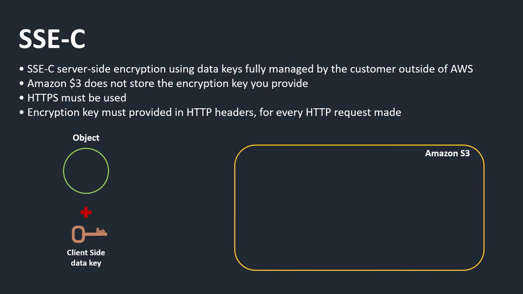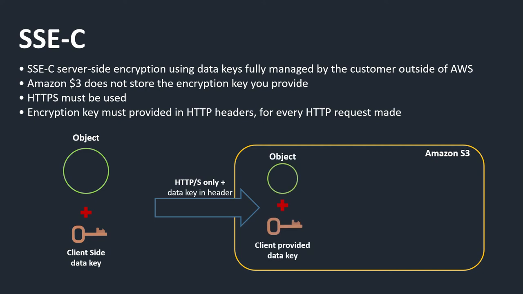So we have the object and we want to have it encrypted in Amazon S3, but we want to provide ourselves the client-side data key to perform the encryption. We send both of these things over HTTPS, so it's an encrypted connection between you, the client, and Amazon S3, and the data key is in the header.